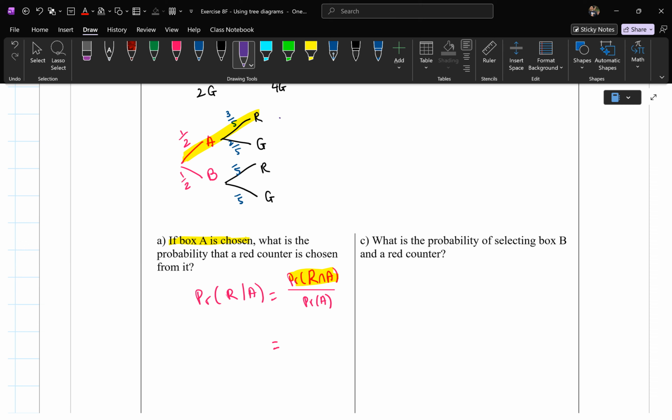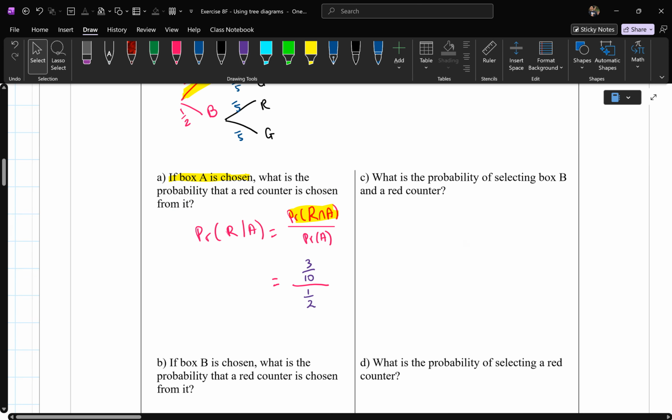So the probability of getting R and A simultaneously, picking A and getting a red counter, is half multiplied by 3/5. And that will give you 3/10, so a 30% chance overall. So that's 3/10 in the numerator, divided by the chance of getting A, which we already know was only half, 1 out of 2.